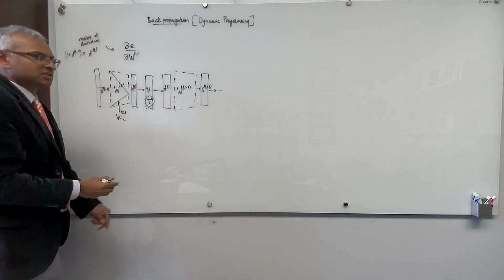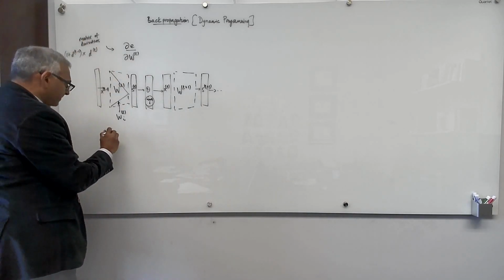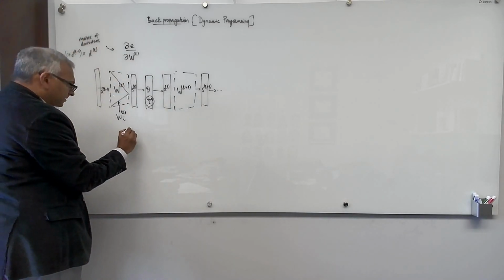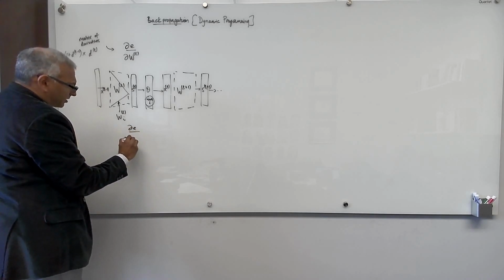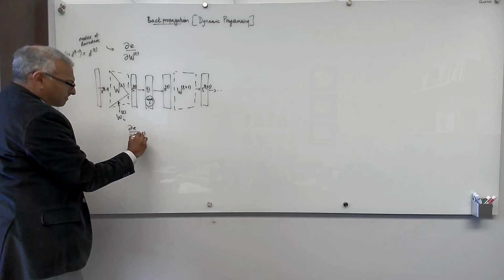So let's see if we can get the derivative of the error with respect to that column of weights: dE with respect to WLI.